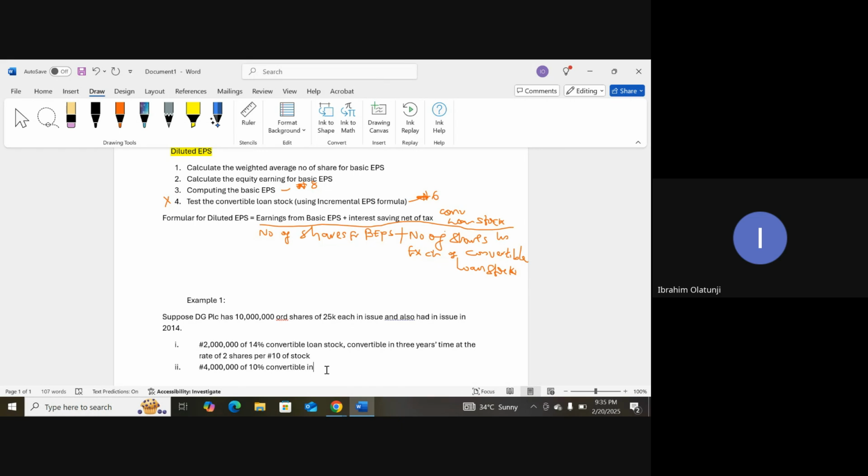Also 4 million of 10% convertible loan stock, convertible in 1 year at the rate of 3 shares per 5 naira of stock.